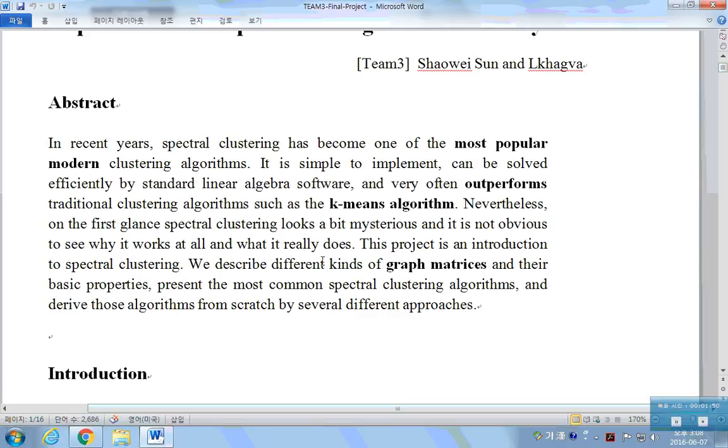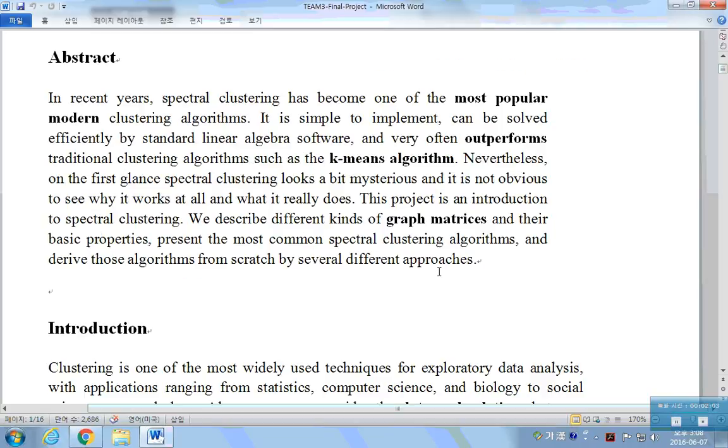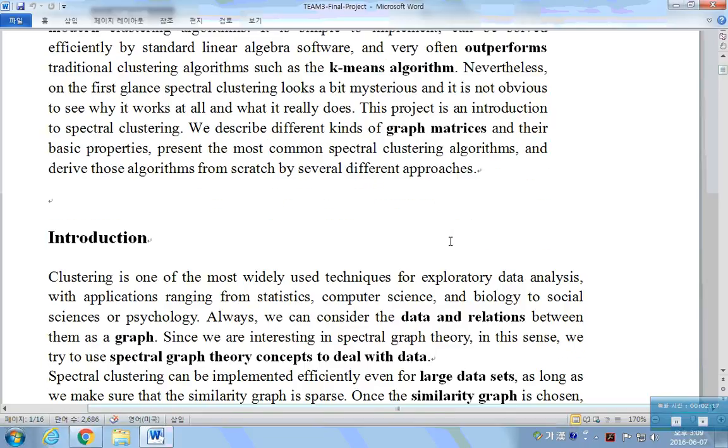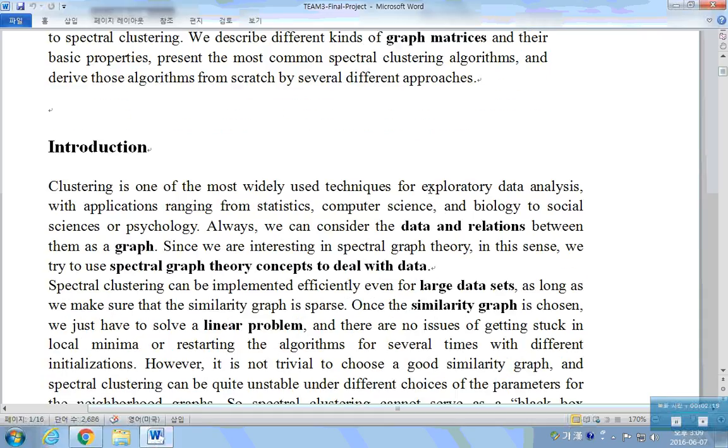In order to introduce that, we have to give some concepts of graph matrices and their basic properties. And we will finally give the most common spectral clustering algorithm and its advantages and disadvantages. And here is the introduction part.